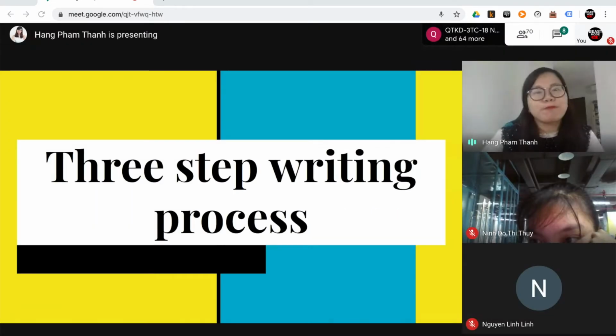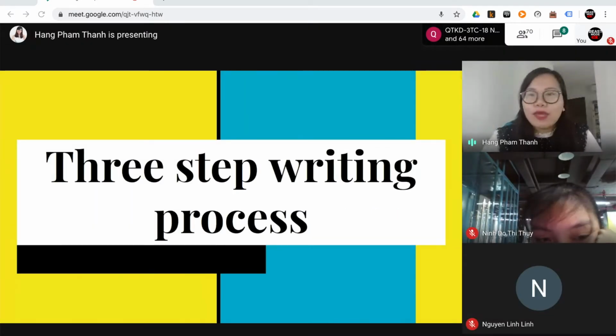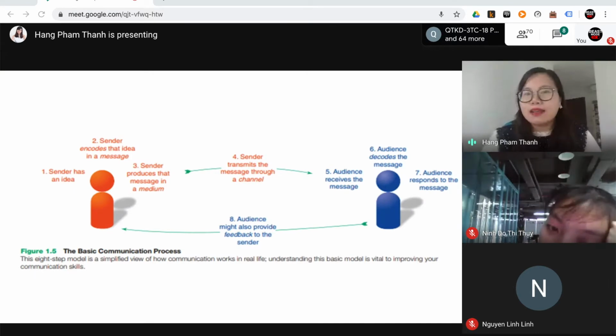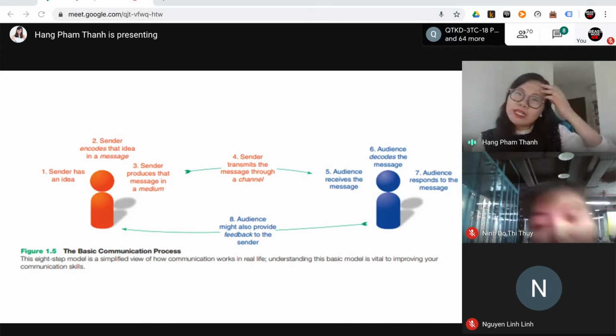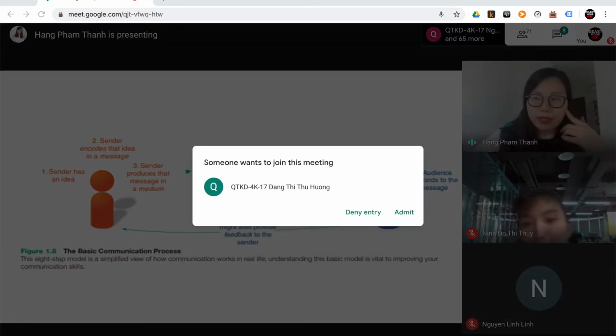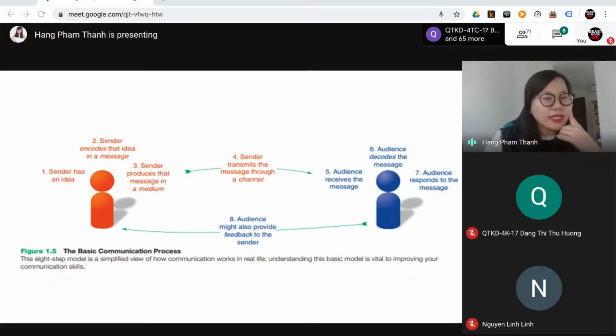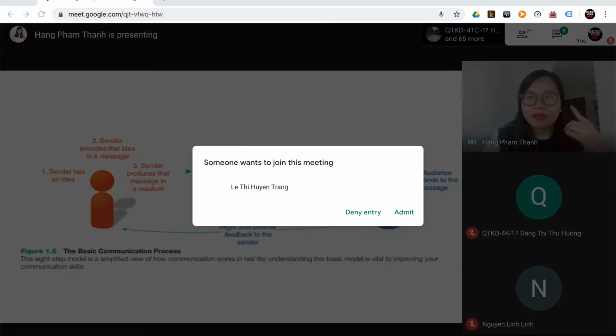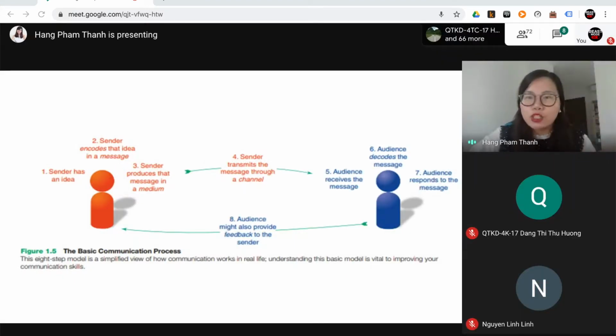Before we come to the three steps in writing, let's have a look first at a very important model that we need to know in this subject, which is the basic communication process. This was the content of the last lecture, but we didn't have a lot of time to talk about it, so I will explain it again a little bit today.